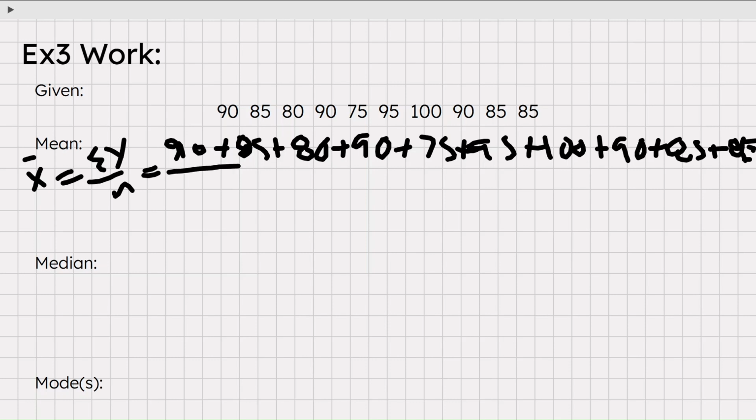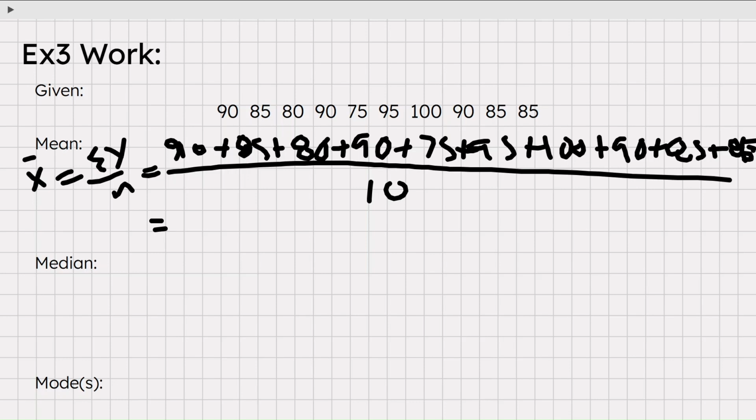There we go. Over 10, which is what they gave us for the number of students. And after some calculations, this would equal 88.3 is the average or mean.